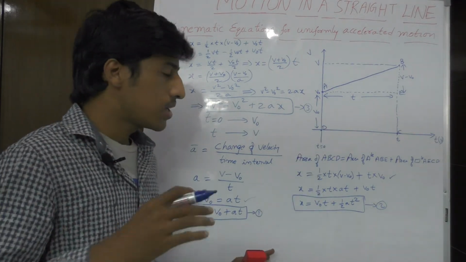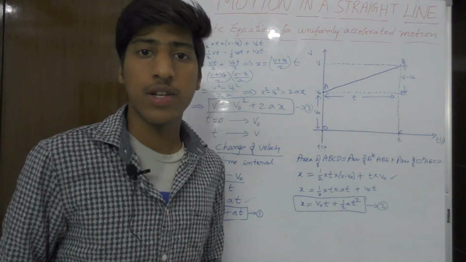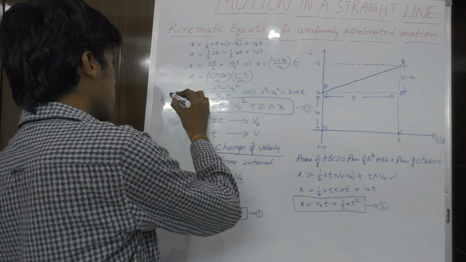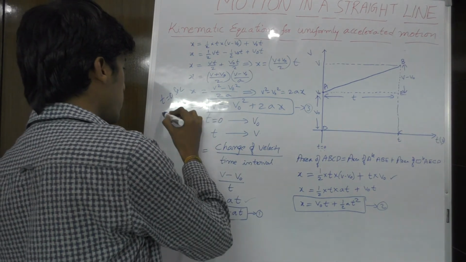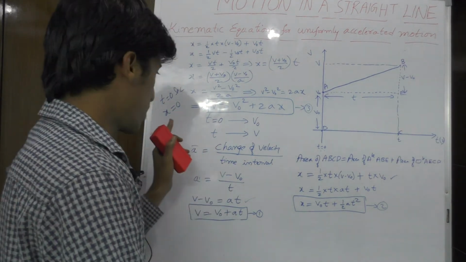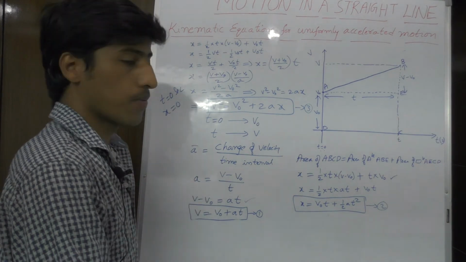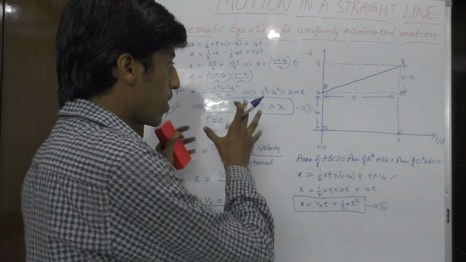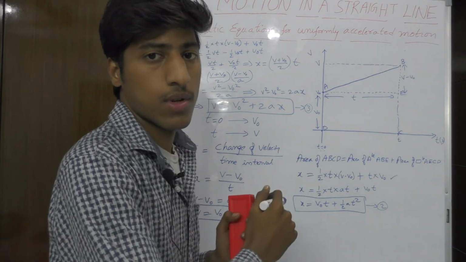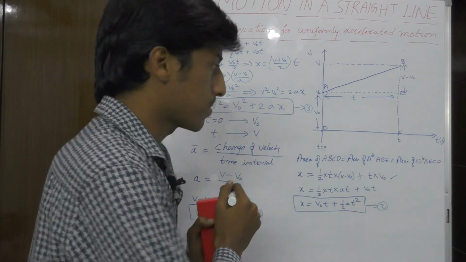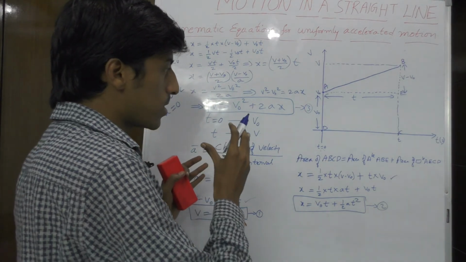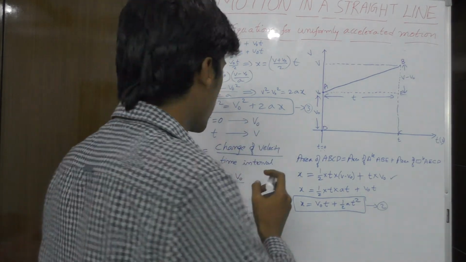My dear friends, these are the three simple equations. These equations are derived by taking one condition, that at t equals 0 seconds the initial position is x equal to 0. Based on this condition we have derived these three equations. Now suppose the initial position is at x naught, then there will be slight modifications to these equations.